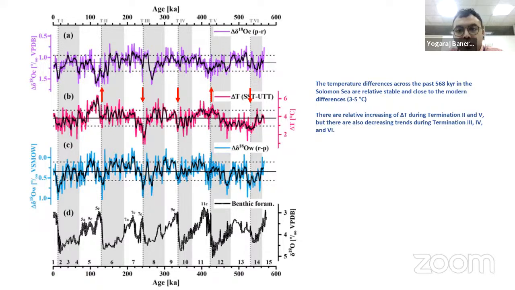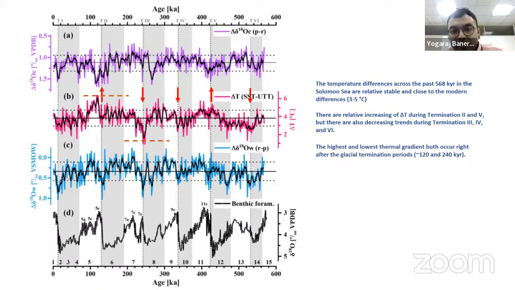Throughout the overall record, the temperature difference is relatively stable, from 3 to 5 degrees Celsius as compared to the present day. As I was mentioning, during terminations 3, 2, and 5 there is a relative increasing trend, and then there is a sudden drop, or decreasing trend, in termination 3, termination 4, and termination 6.